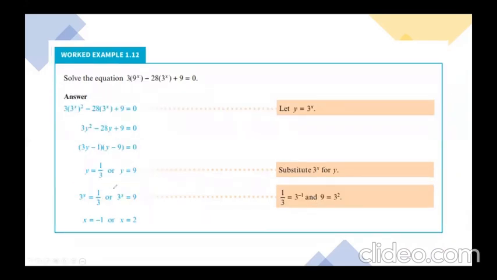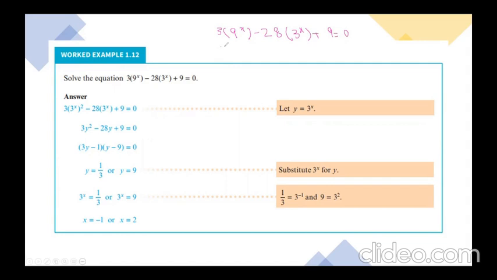In this equation, the given expression is 9 power x minus 28 into 3 power x plus 9 equals 0.